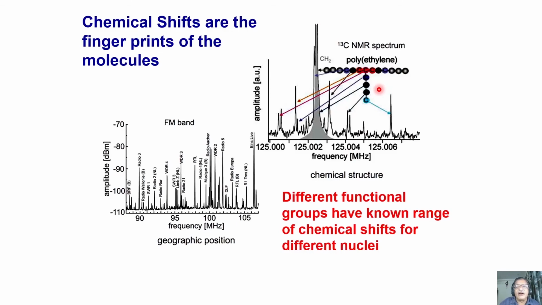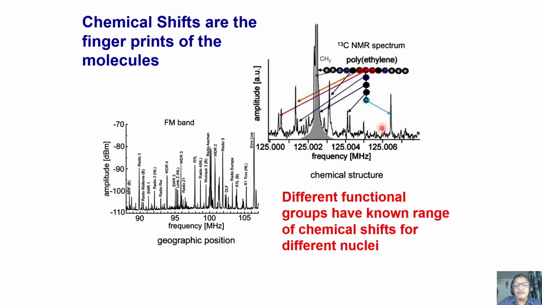We have some idea why, if it is coming here in a proton spectrum, this is because of a particular functional group. Approximately, I mean, there can always be deviations. I'm not saying that if a peak comes here, this must be this functional group. Let us say a very high field, close to 1 ppm, if I get a peak, by and large we say it corresponds to the methyl region, methyl protons could be there.